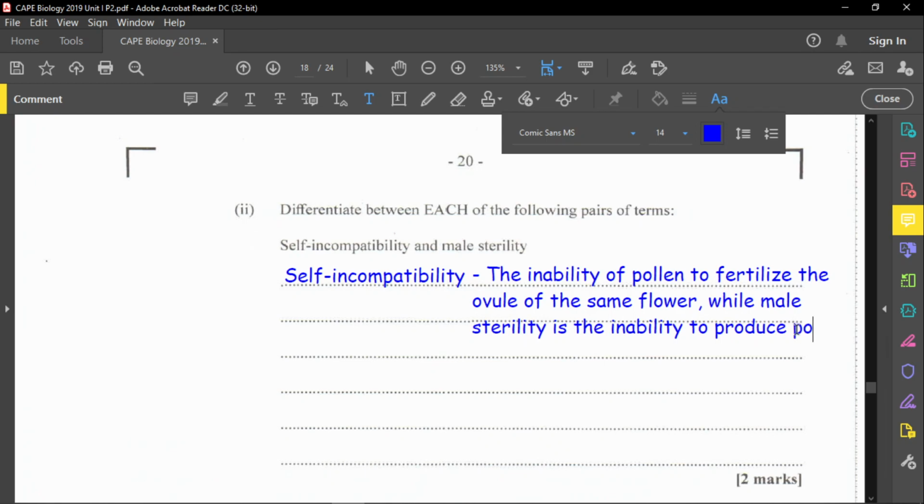All right, and not just pollen, but I'm going to also make a note right here, pollen or sperm. Okay? So the sperm cells are not able to be produced in the pollen grain.